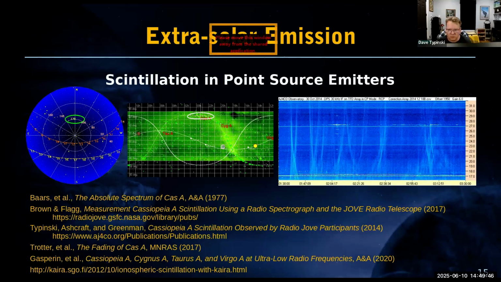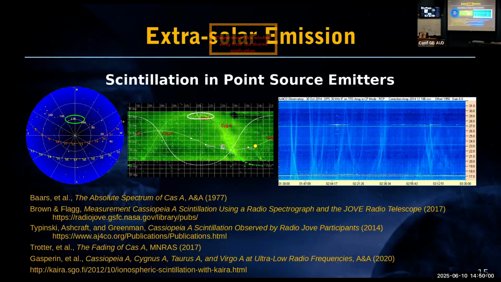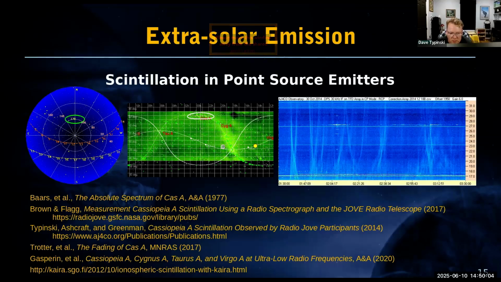This has been done a couple of times. We did it in 2014, and then another one with Richard Flagg and Jim Brown did it again just a few years ago. Interesting enough, as y'all know, Cas A's emission is decreasing over time. That's why you can't really use it as a calibration source.